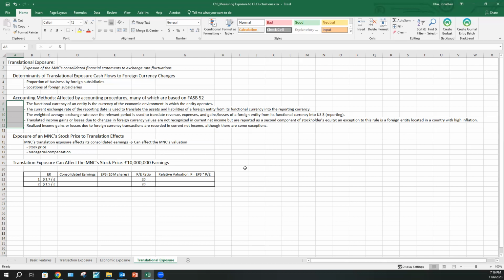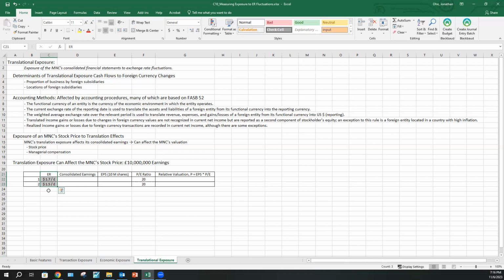So one example: suppose the foreign subsidiary's earnings are 10 million British pounds, and let's analyze this for two possibilities of the exchange rate. The first is $1.70.